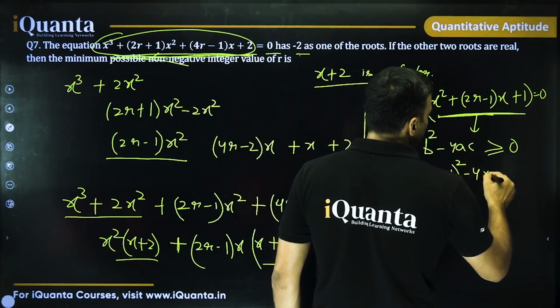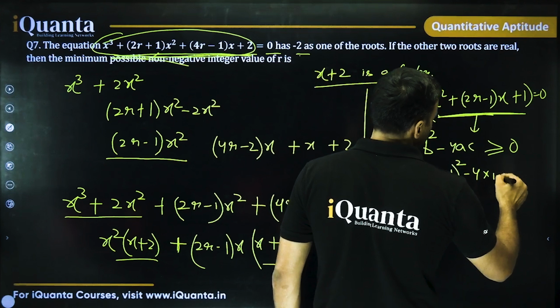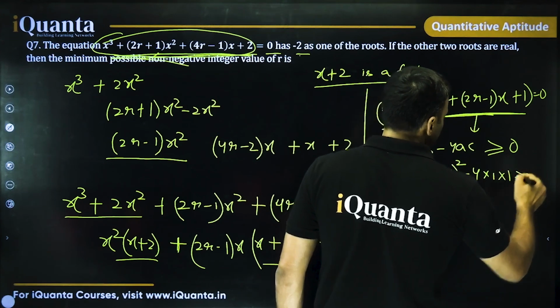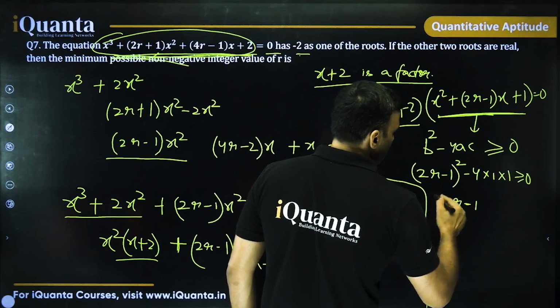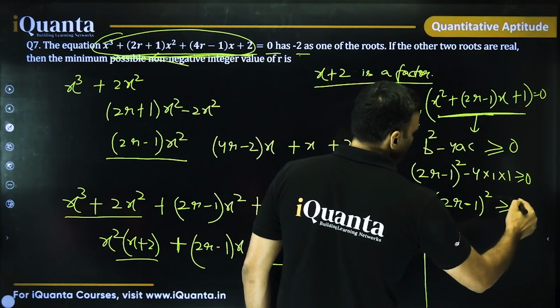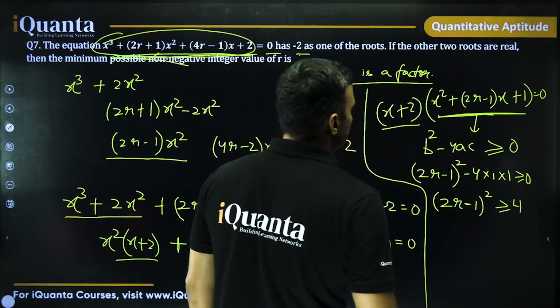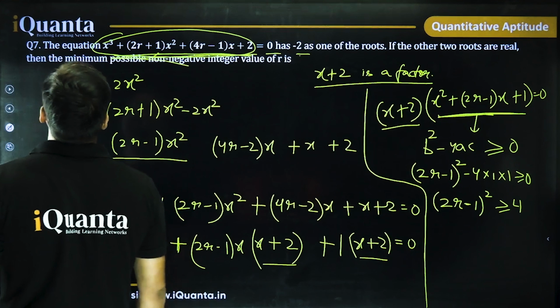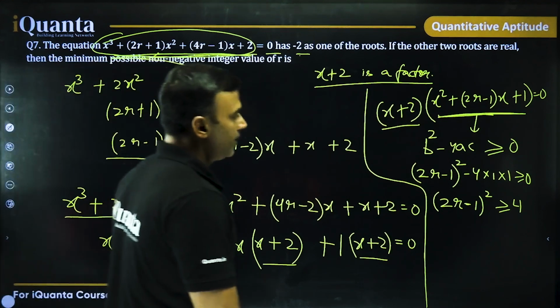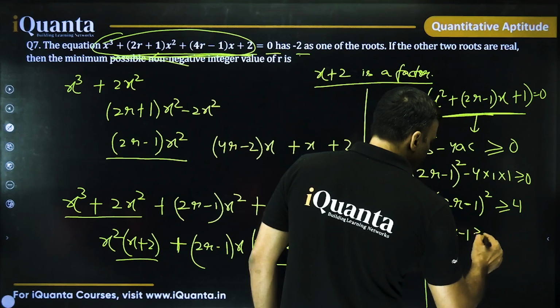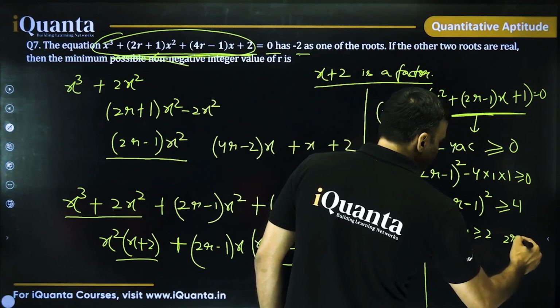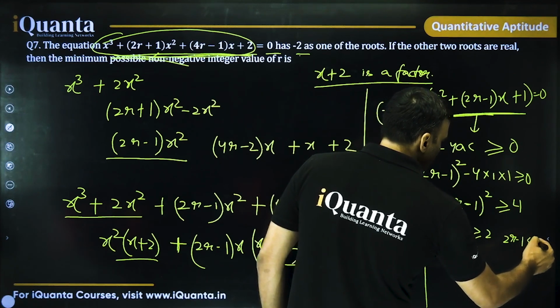So 4 into 1 into c, that is 1, should be greater than or equal to 0. So what does that mean? That means (2r minus 1) whole square should be greater than or equal to 4. Nice. Okay, so from here we get 2r minus 1 should be greater than or equal to 2, and 2r minus 1 should be less than or equal to minus 2.